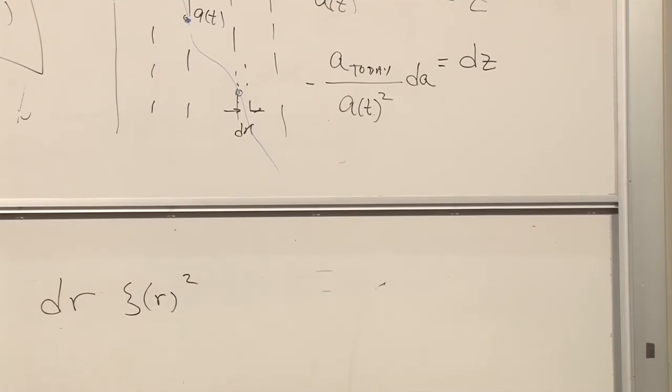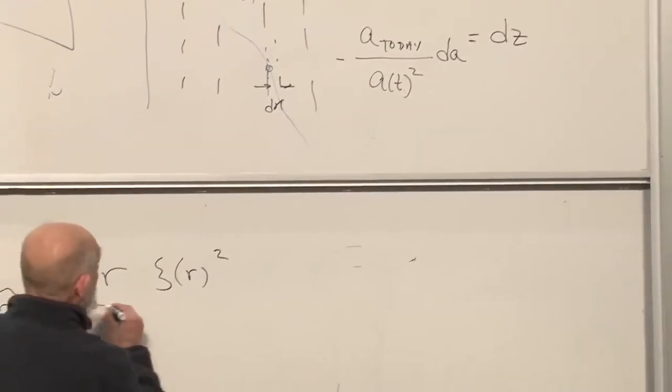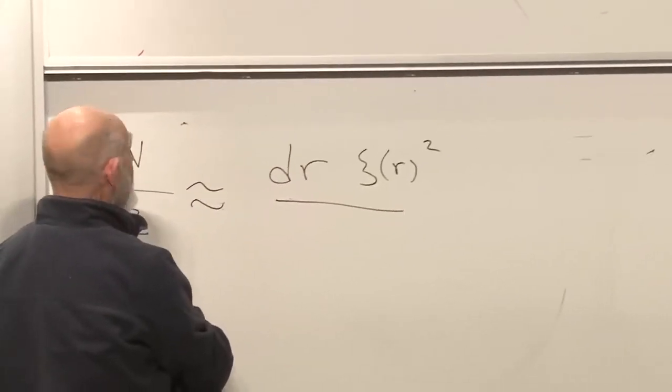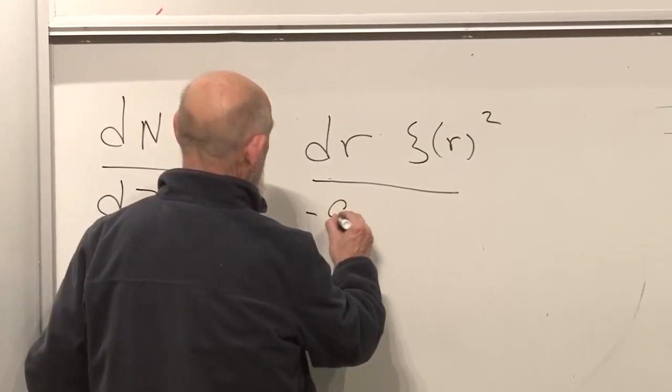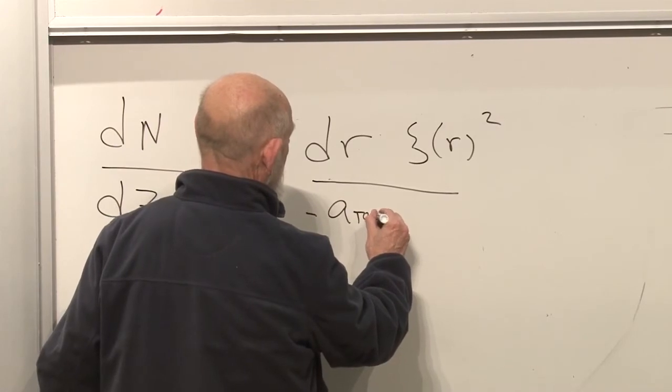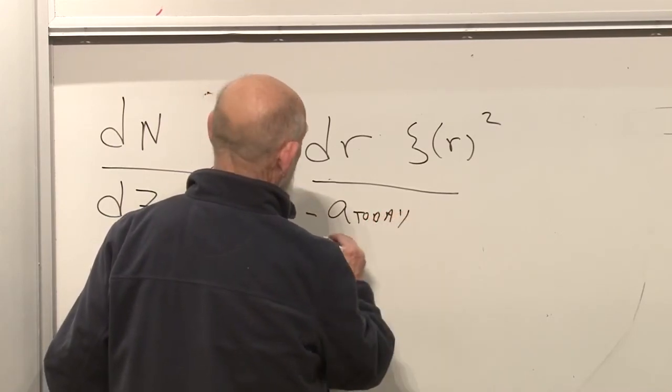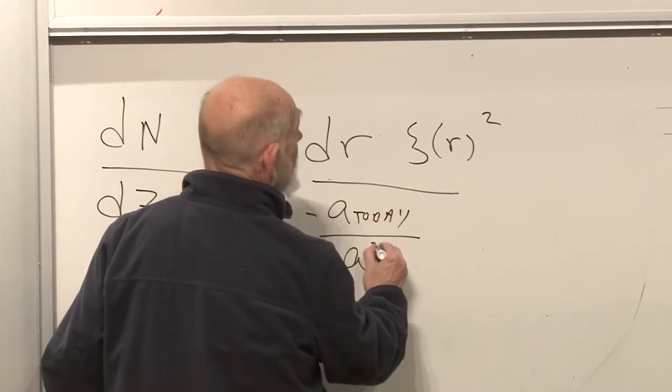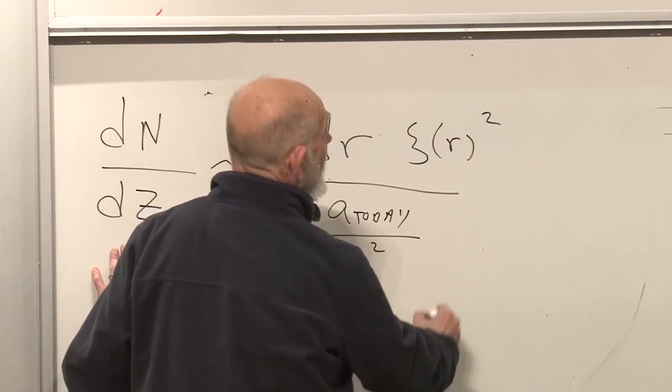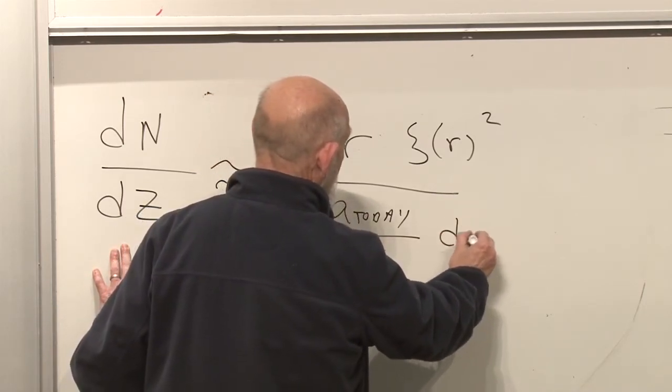So we have to divide by dz. That's minus A today over A squared dA.